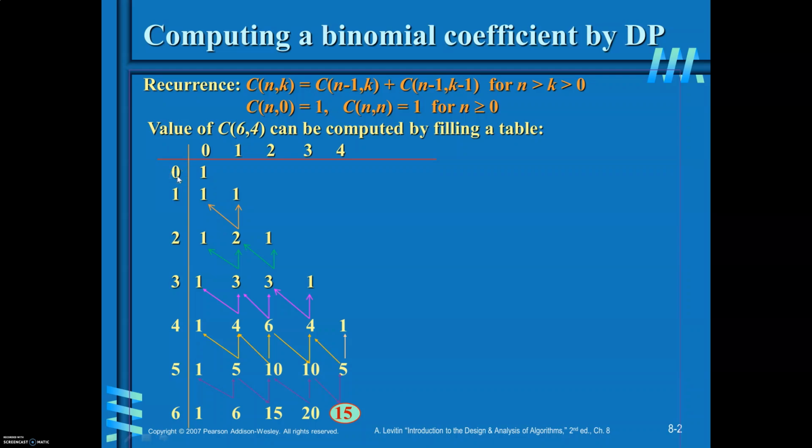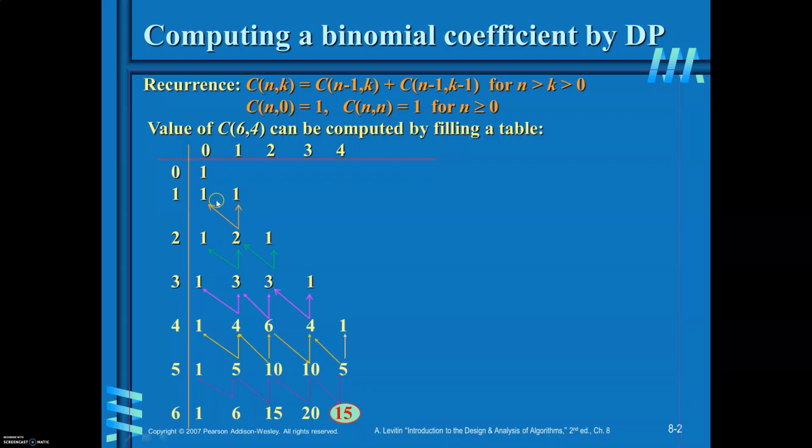Now here C(0,0) is 1, C(1,0) initial condition 1, C(1,1) is 1, C(2,0) is 1, and C(2,1) is nothing but, go to the previous row, in the same column value recorded is 1 and previous row, previous column value recorded is 1.